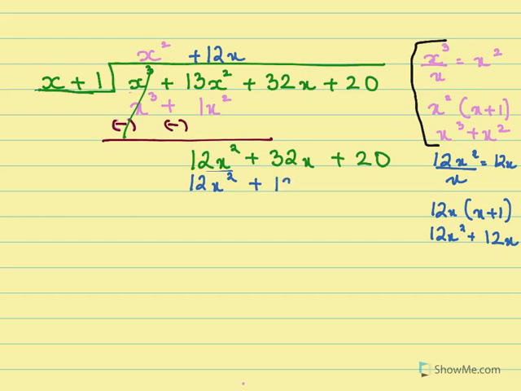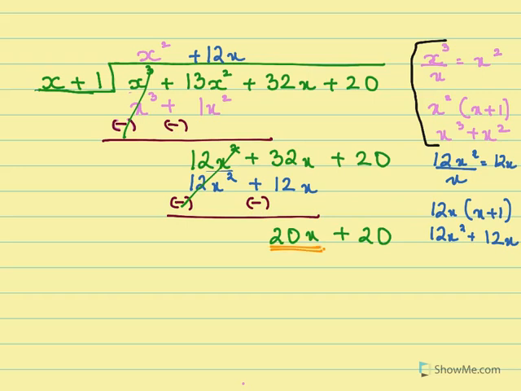We'll change the sign because we need to subtract. Subtraction means changing the sign. The plus is minus. And we cancel this out. 32 minus 12x, and that is 20x plus 20.